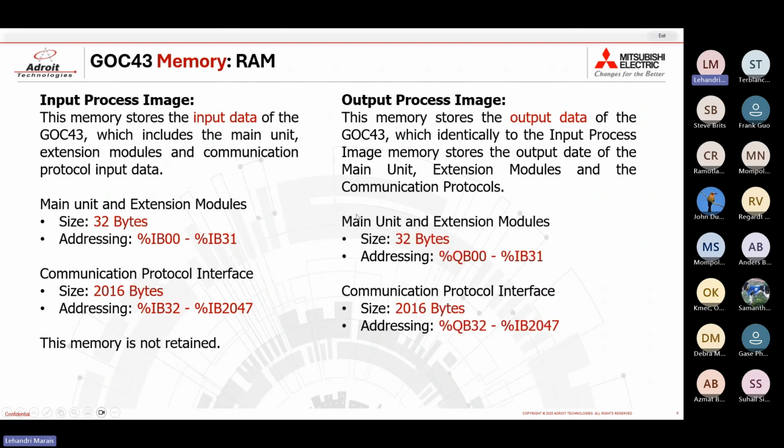The main unit and extension module's size is also 32 bytes, with the addressing being from output byte 0 to, apologies, that is incorrect, output byte 31. The communication protocol interface also has a size of 2016 bytes, which ranges from your output byte 32 to output byte 2047. None of this memory for the output process image is retainable.